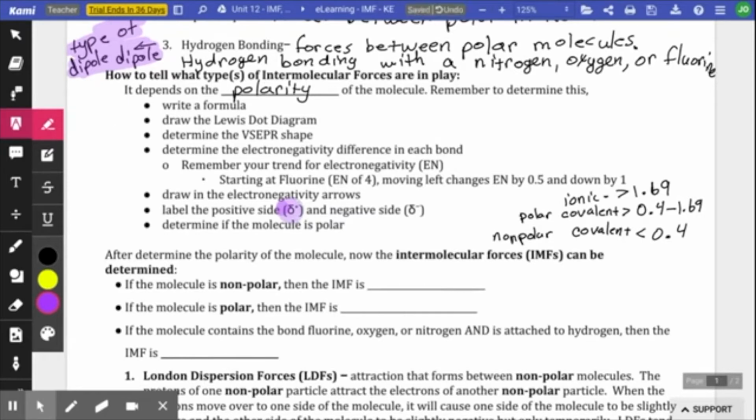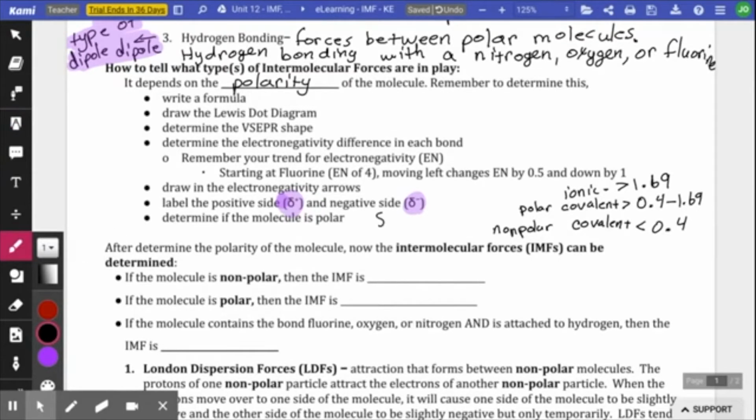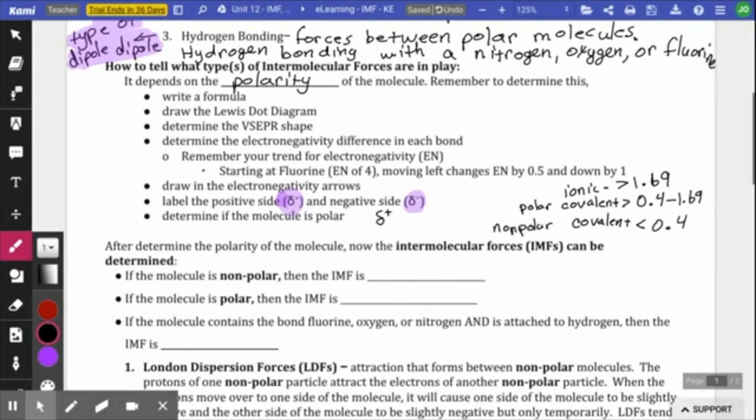And if it's the negative, we're going to use this. I like to think of that as slightly positive or slightly negative. Once you've done that, you do need to again know your VSEPR shape, but then that's where you're going to determine if it's going to be polar or nonpolar.